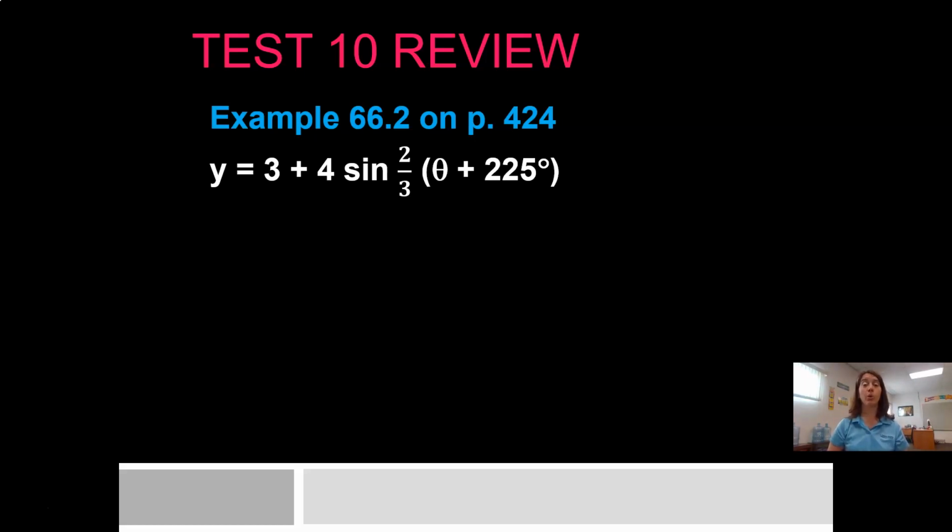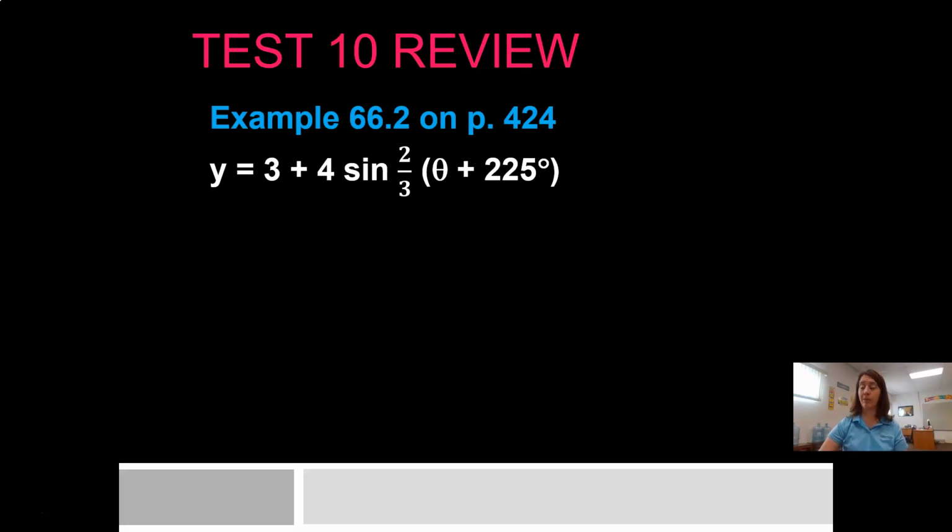Remember, the period is the rotation. The normal rotation of our sine as well as our cosine graphs is 360 degrees. Well, if I take a look at this picture, however, it's not rotating at 360 degrees. How did we come up with the new rotation? We had to find 2 locations on the Cartesian plane where the exact same thing is happening. If I look at my picture, I notice that my graph is headed up through the dotted line at negative 225, and it's also headed up at 315.